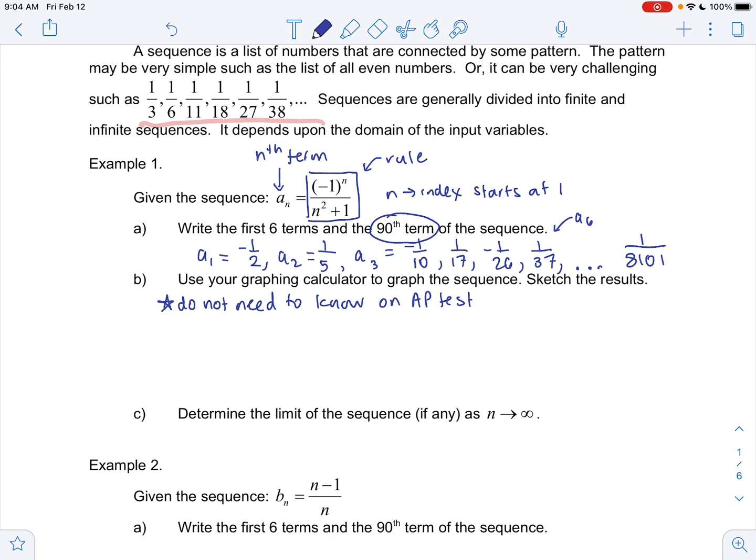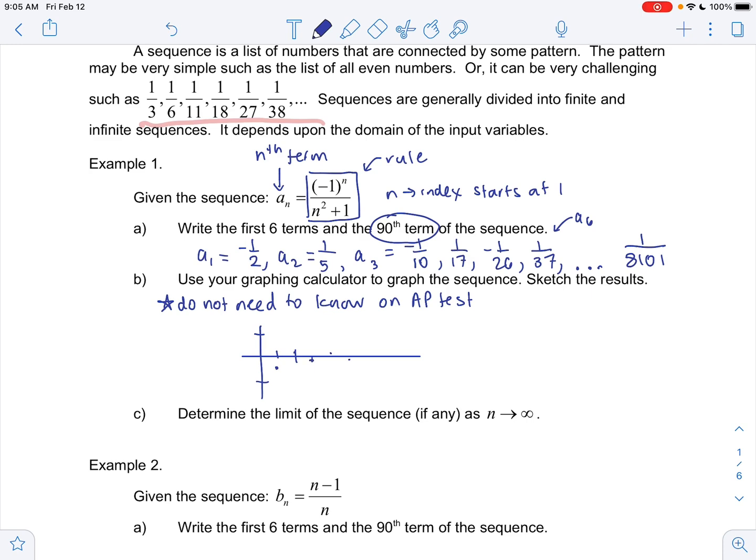If you're looking at the series of values that you have there, beginning with the first term being -1/2, and I'm picturing my xy axis, let's say at 1 you have -1/2, the second one +1/5, -1/10, and so on and so forth.